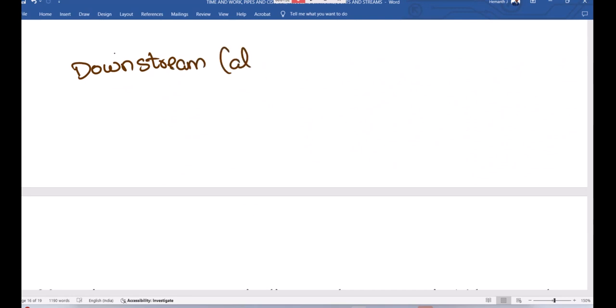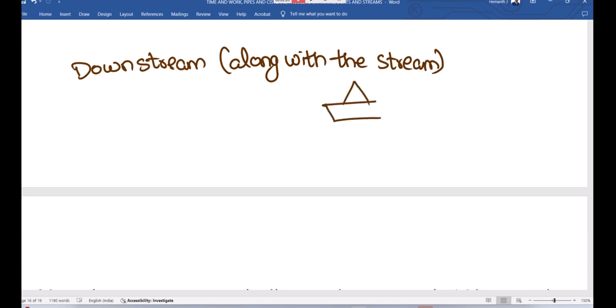Downstream is all about along with the stream. So the boat is traveling and the water is also flowing in the same direction.